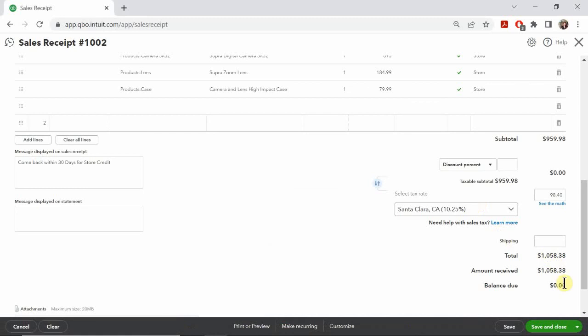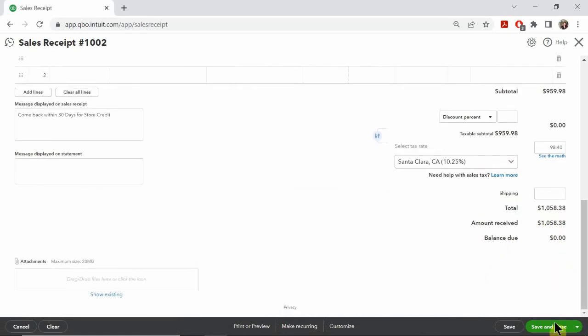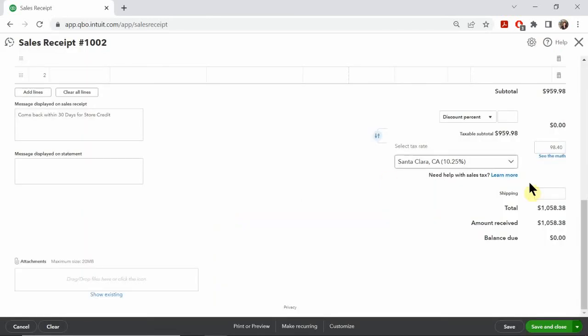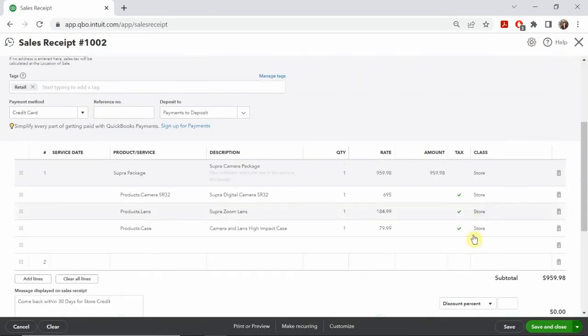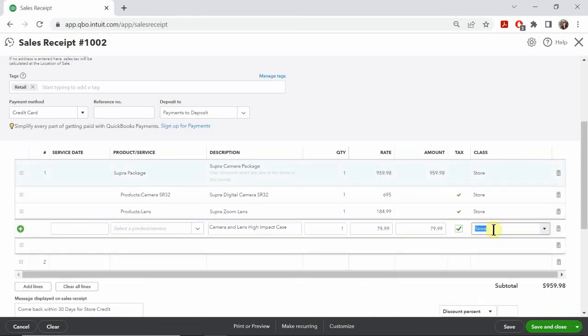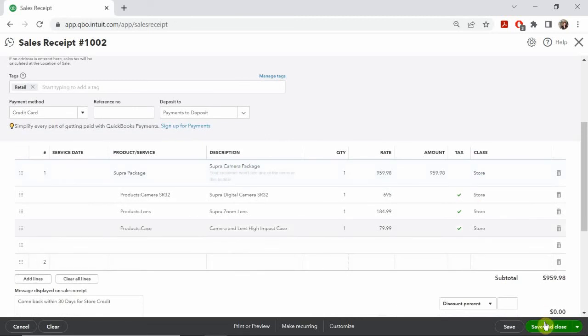So once everything looks good and everything matches, we can go ahead and click Save and Close. So there you go. I recorded my second type of sales. Okay, what are these? Okay, no, which is weird because I've already designated all of them to be the store. Right, those are all 4 things here. It should process it.